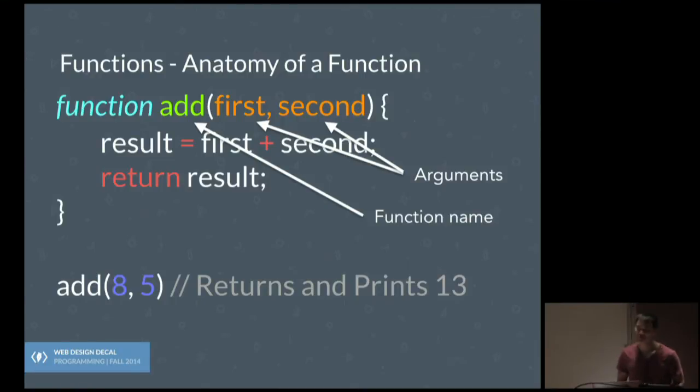But anyway, we define this function here. So the first part up here is defining the function. This is what happens when you define it. But that doesn't necessarily mean we've used it yet, right? We haven't actually added anything yet using our add function. And so the way we actually use the function that we made is we call it, right? If you look at the bottom there, I have a function call.